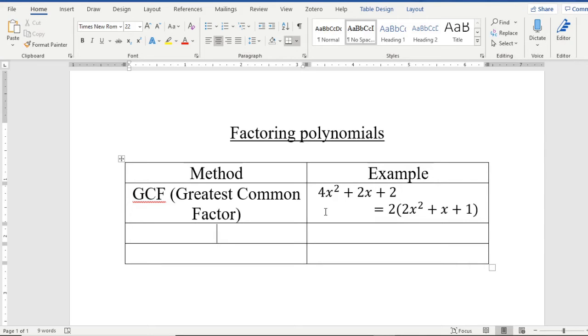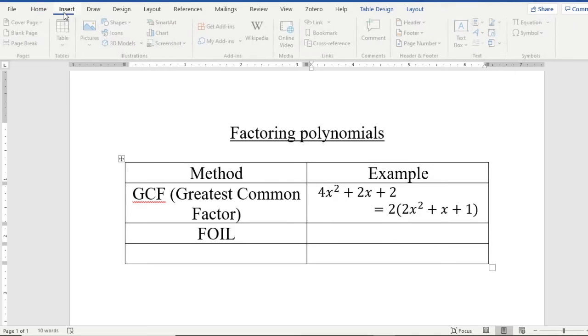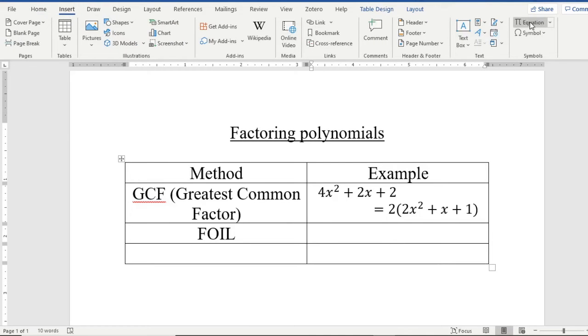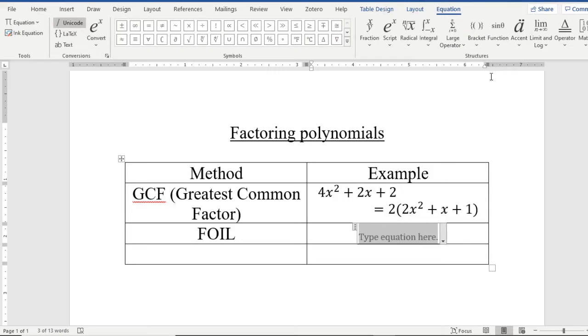All right, the next main type is going to be FOIL, which is separating two sets of parentheses. So normally you have, I'm going to use letters for this one. So say I have ax squared plus bx plus c, and I want to factor this. So equals parentheses.